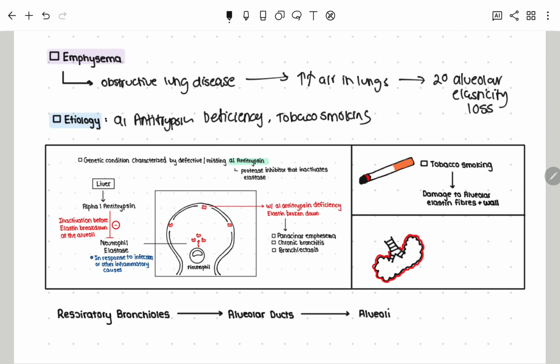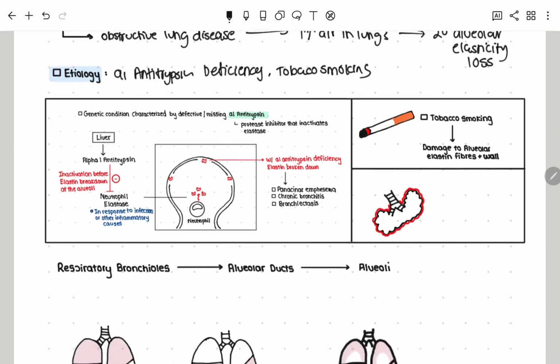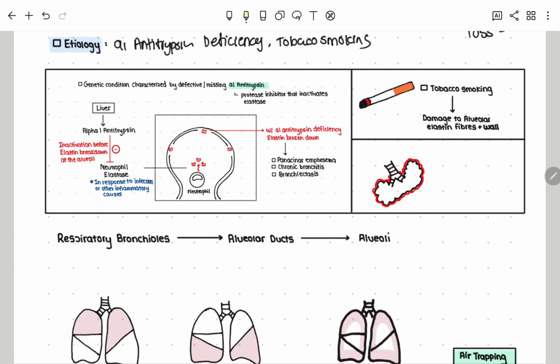And so just a brief overview on the pathophysiology of alpha-1 antitrypsin deficiency. It is a genetic condition that is characterized by defective or missing alpha-1 antitrypsin. Now, alpha-1 antitrypsin is a protease inhibitor that inactivates elastase, and this alpha-1 antitrypsin is produced by the liver.